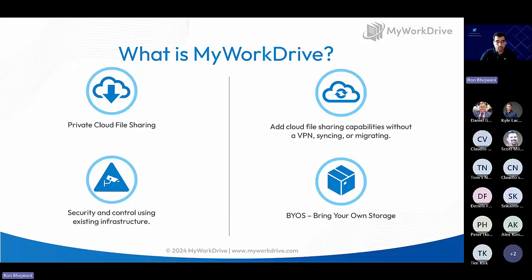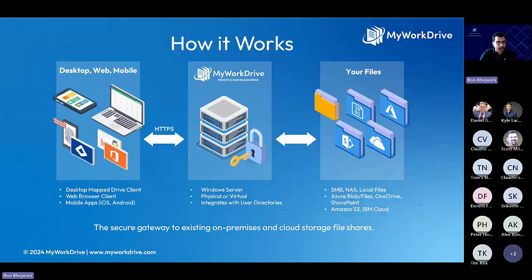It also builds on top of your existing security and control infrastructure, which is what we're going to discuss in this how it works slide. Some of you may already be aware, but MyWorkDrive is broken up into two pieces. There is a server software, which is what you see right in the middle, as well as the client software. To start us off, the server software connects to your existing identity infrastructure as well as file infrastructure.